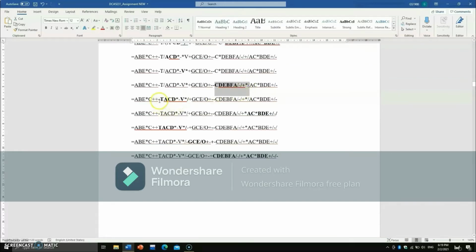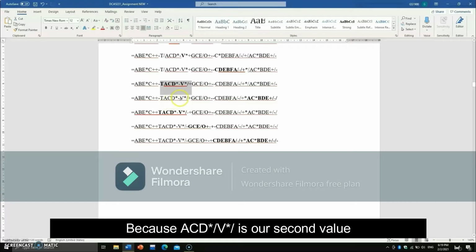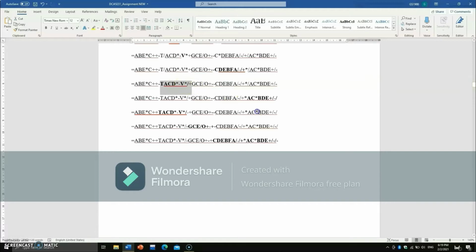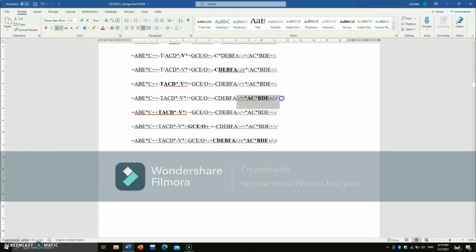Okay, then we shift the divide to the back of multiply, because A, C, D multiply divide V multiply is our second value. Okay, then we shift the divide to the back of subtract.